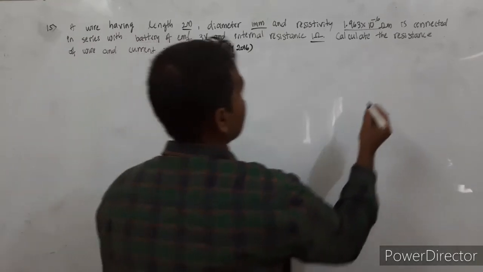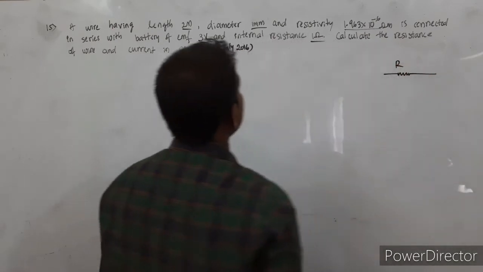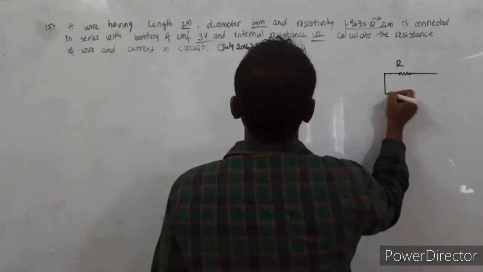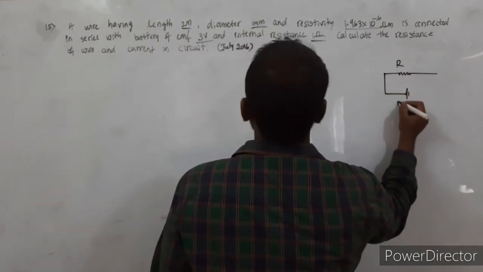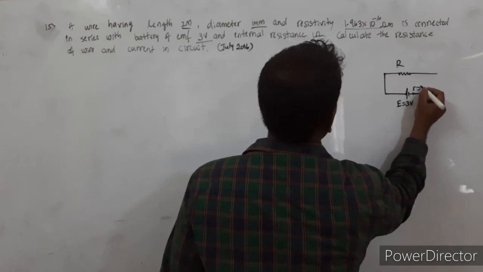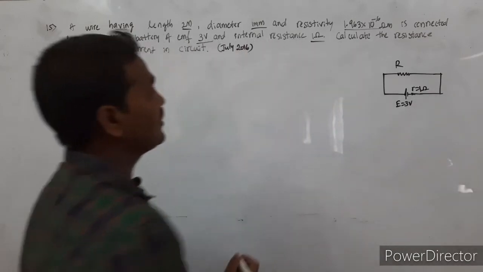See here, let us consider the resistor whose value is capital R. It is connected to the cell of EMF capital E equal to 3 volt and its internal resistance r is equal to 1 ohm. This is the data given.